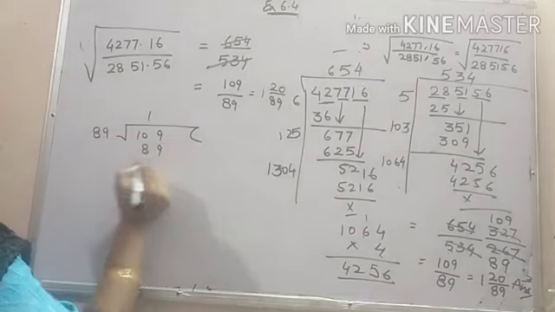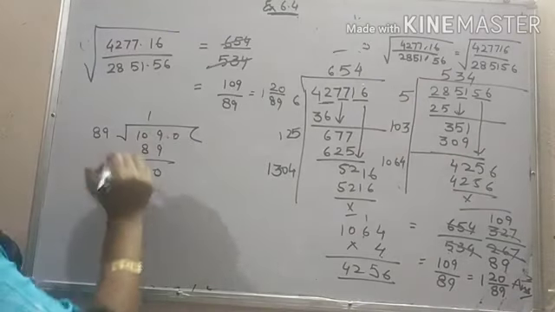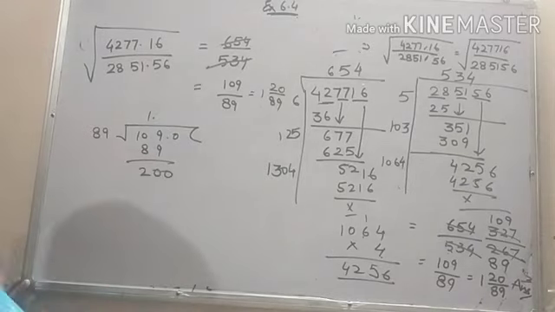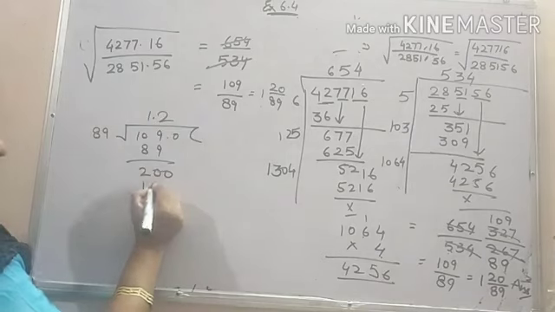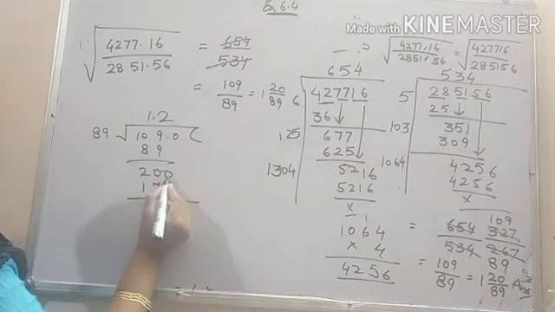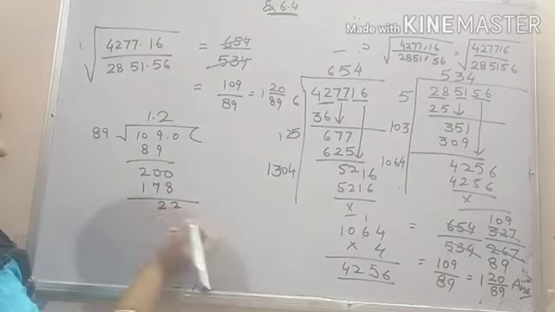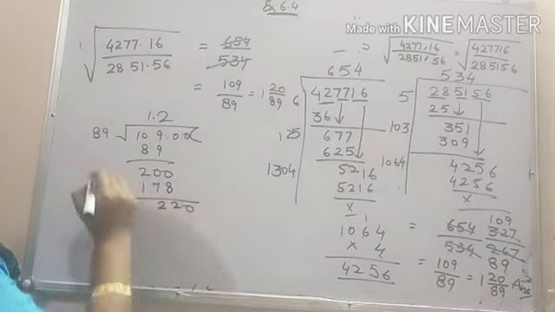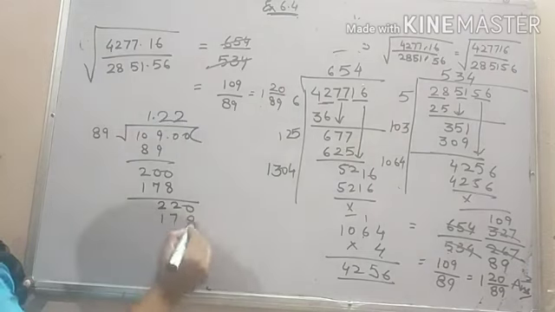1 times 89 is 89, 20 will be left. Now 20 can't go, so you will put 0 and a decimal over here. 2 times 89 is 178. 22, again 0, again it will go on to 178.